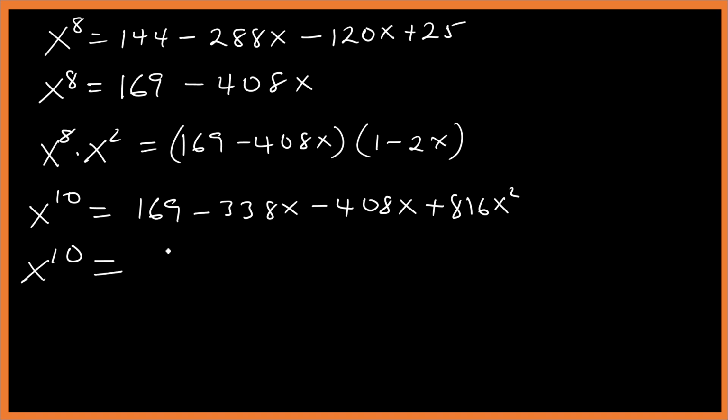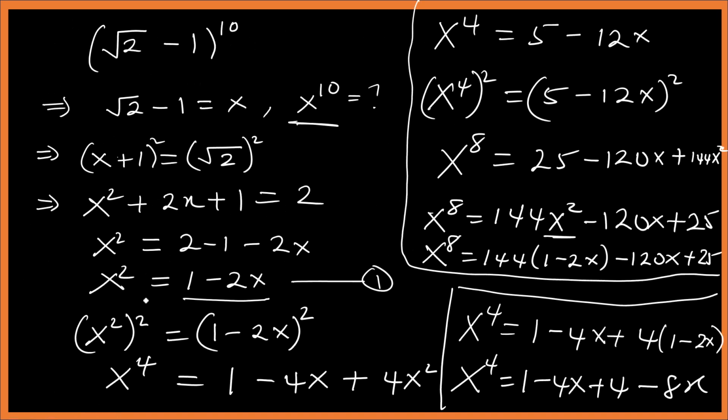So x to the power 10: we have 169, then minus 338x, then minus 408x, so we have minus 746x plus 816x squared. Now we can change this x squared, okay? So x squared is 1 minus 2x.